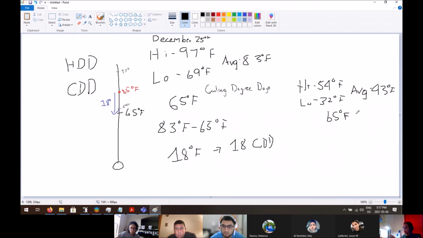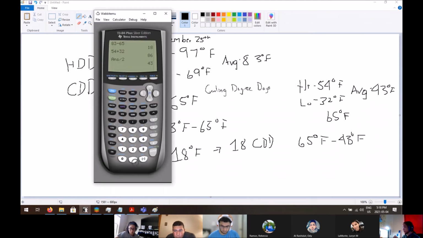So we would have to heat up the climate to reach 65 degrees Fahrenheit. How much do we have to heat by? Let's take the difference: 65 degrees Fahrenheit minus 43 degrees Fahrenheit, and we get 22 degrees Fahrenheit.